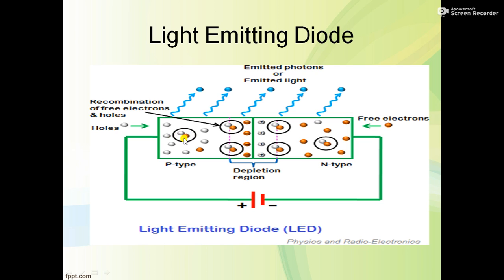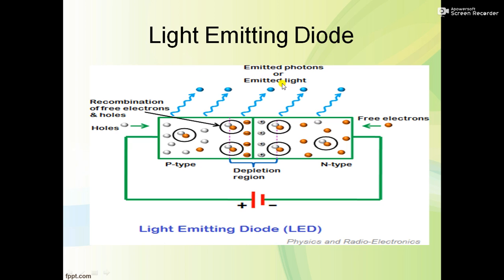When electron hole pairs are generated in both P type and N type semiconductor material, and the free electrons and holes recombine in this process, at that time one energy is released by the free electrons, that is called a light signal.